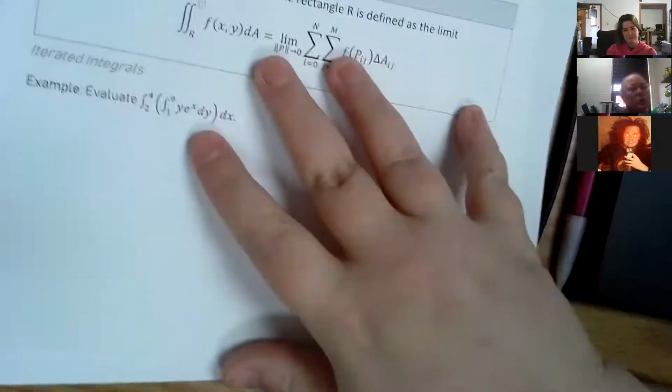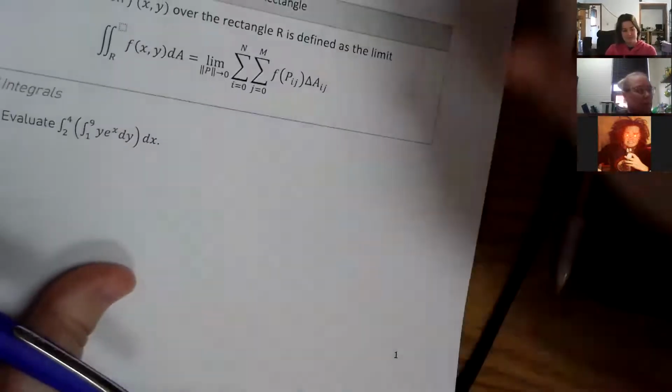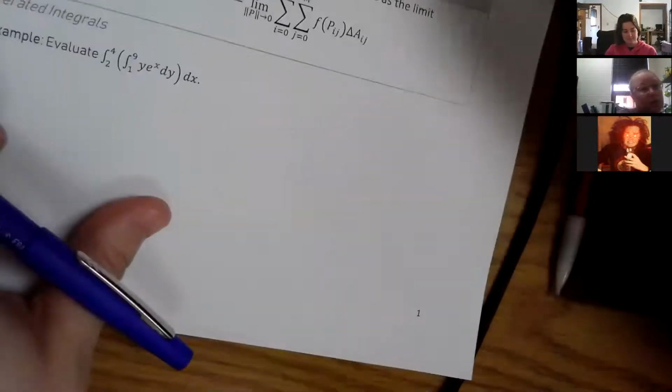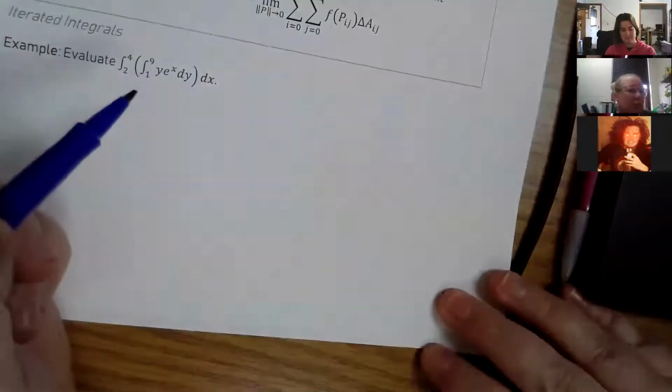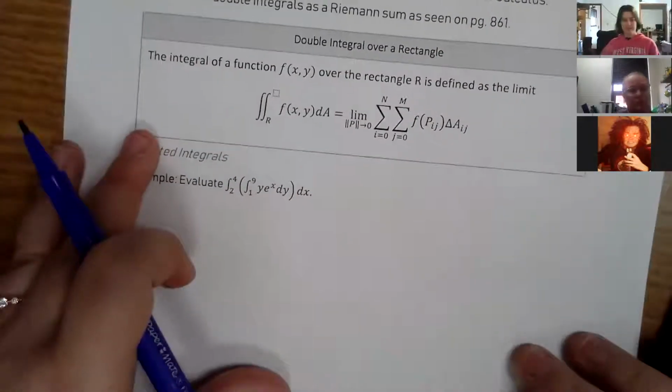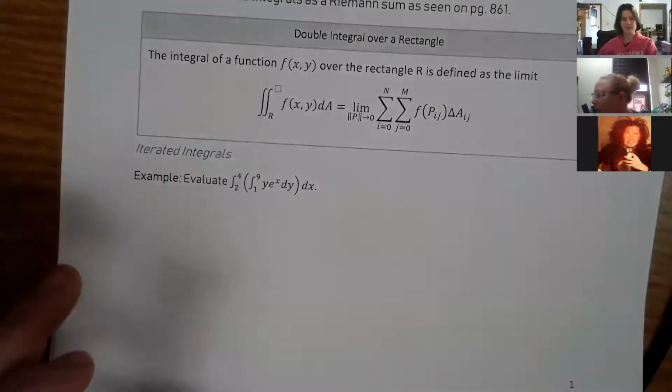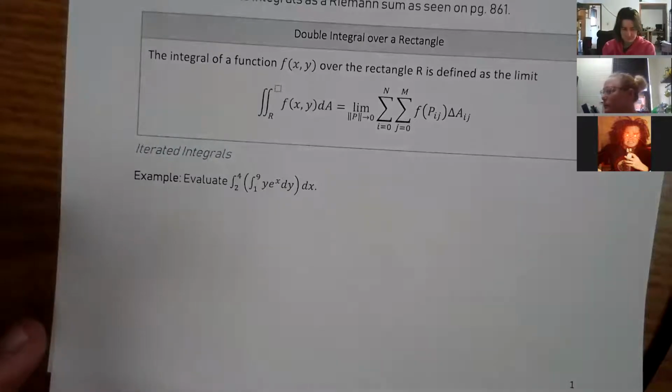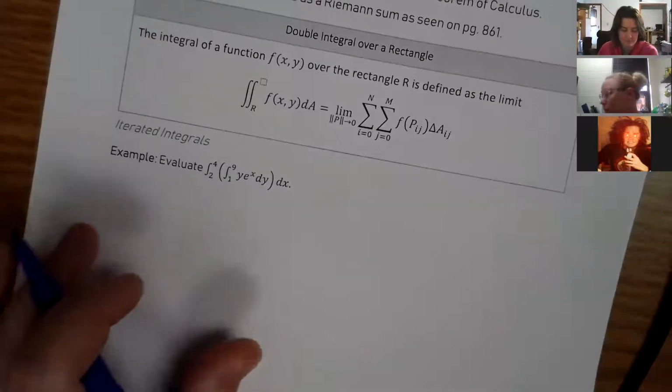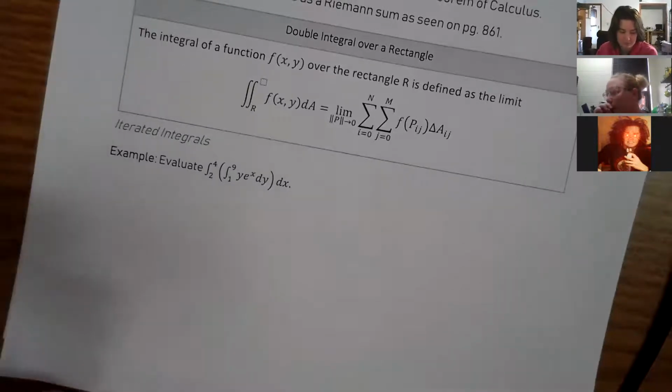So let's try doing an iterated integral, which is a double integral. If I do what's inside here first, this is all crooked now, hold on. So this is example 4 on page 865.